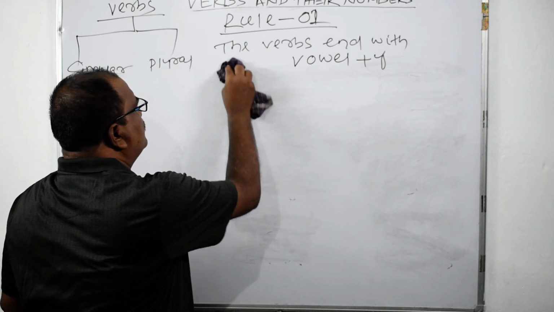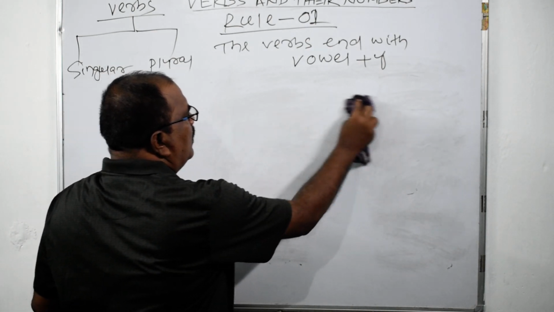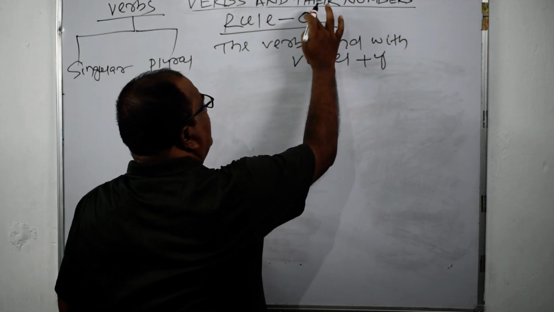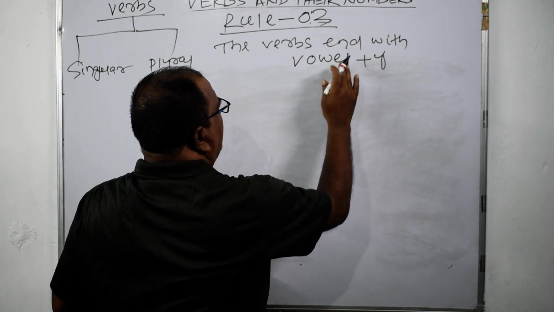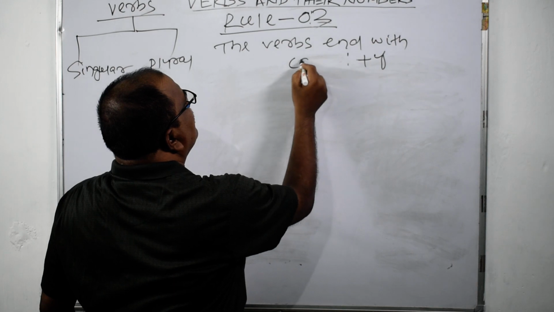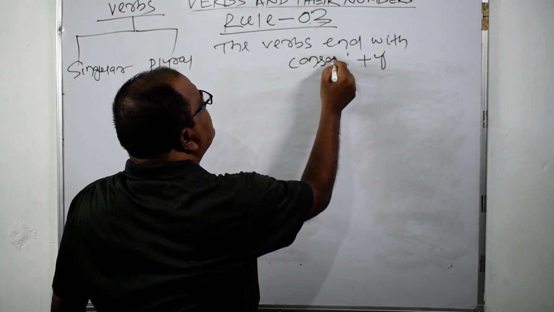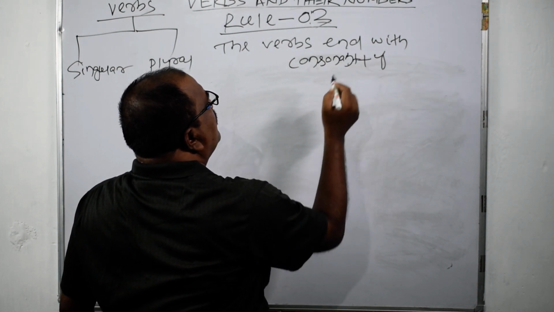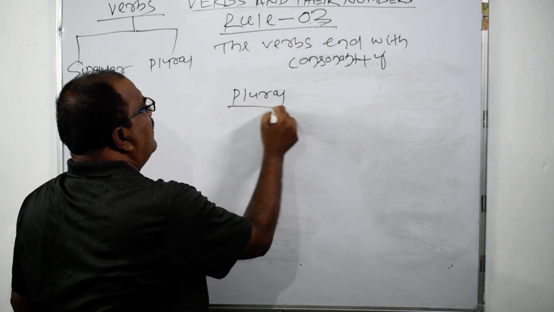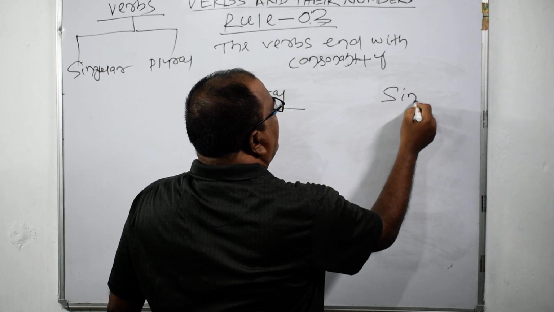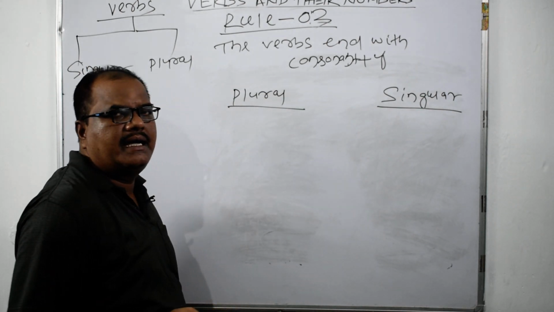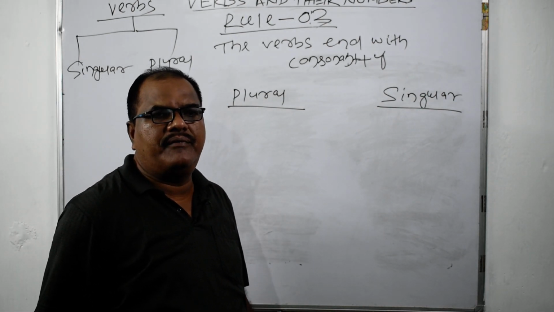Now we'll discuss rule number 3. The verbs that end with consonant plus y, plural, singular. We can take different examples of different verbs.